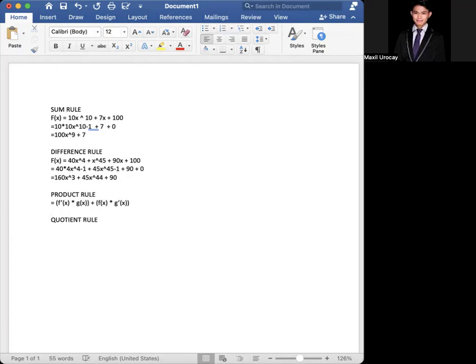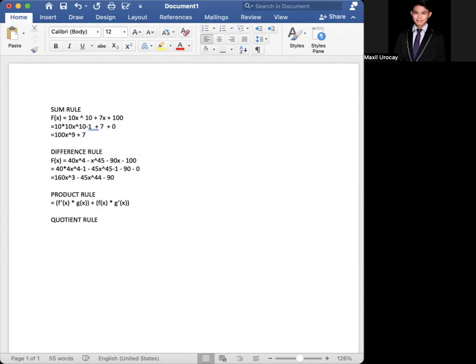Suppose that we have a specific example here. I'm so sorry. What I worked on earlier was the sum rule. So let me reiterate, it should be minus. It's not good. So say for example, 40x to the power of 4 becomes still minus here, and minus here, and minus here.